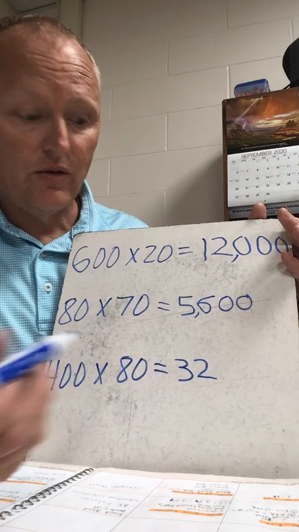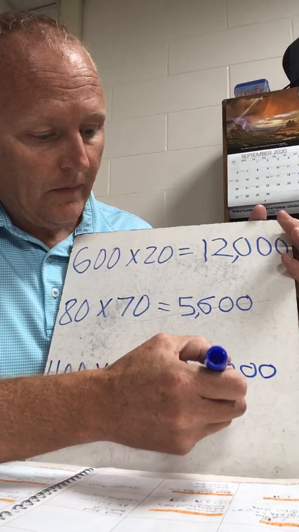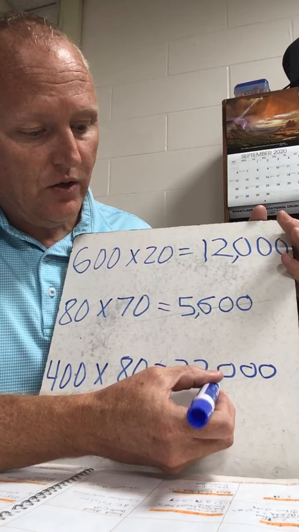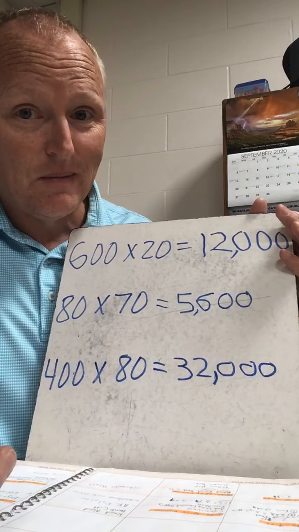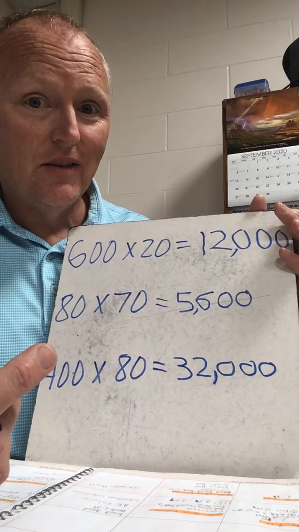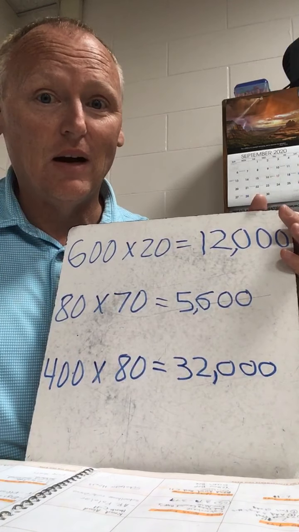So you have 3 zeros in your answer as well. Okay, so that number would be 32,000. Now that's a big answer, but if you just know your basic facts and follow the process, then you actually know what the answer is. It's really pretty simple if you follow the process.